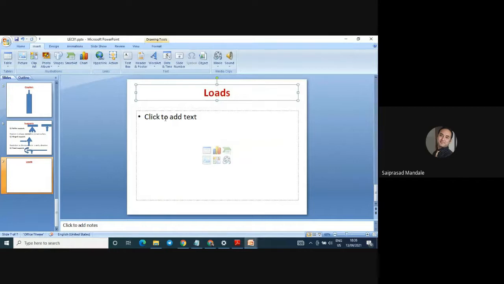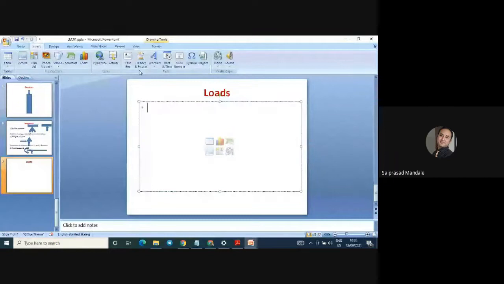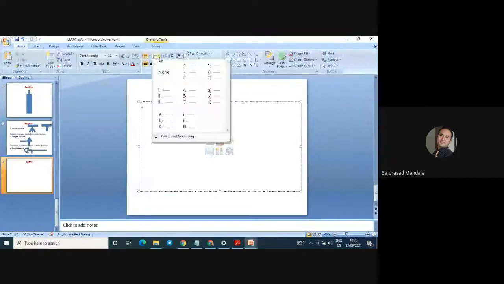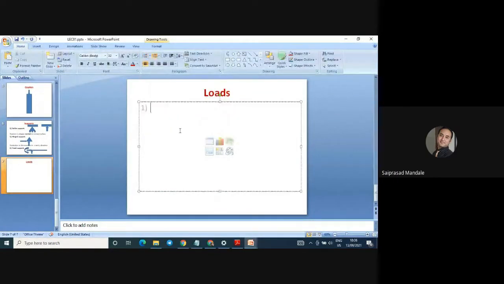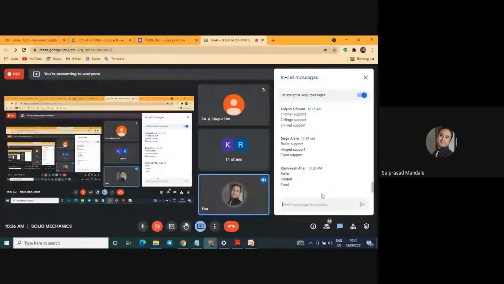As far as our syllabus point of view, we'll be looking at different types of load. Can anybody tell me what the different types of load acting on the beam are? Might be you have solved numericals. In that case, you have observed, sir, this is the load, this is the load, and that is the load.